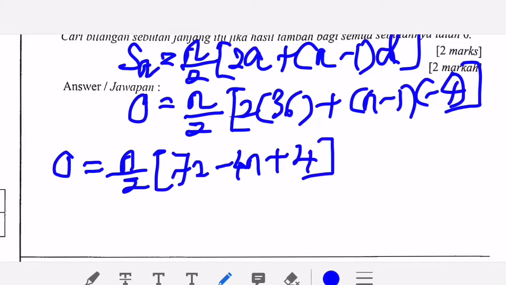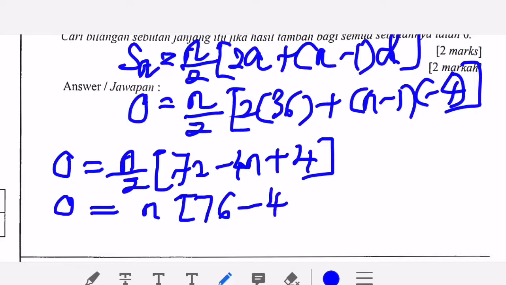Now we simplify the bracket first. So 0 equals n over 2, but the over 2 we can cancel out by multiplying the left side, which is 0, so the 2 is gone, and we have 76 minus 4n, right?